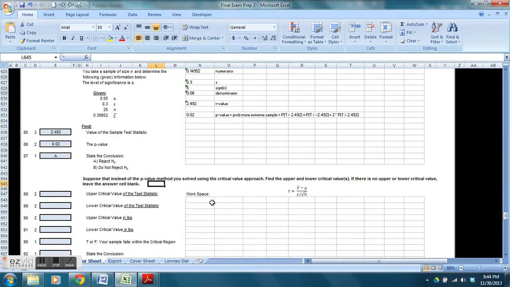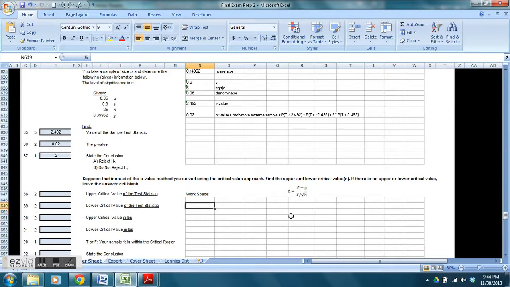If applicable, you have an upper critical value and a lower critical value because it's a two-tailed test. If this is only a one-tailed test, then there'd only be one critical value. And whether it's upper or lower would depend on whether the alternative hypothesis was greater than or less than.